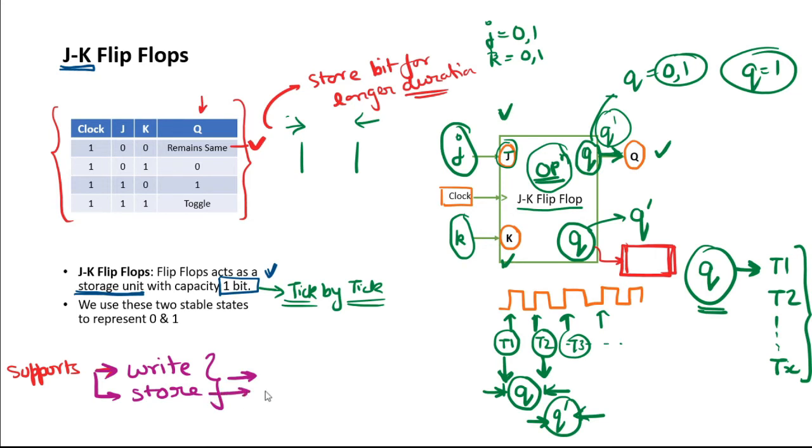It should be able to store something, and we should be able to write it. Whenever we want to write something onto this particular unit, we must be able to write it. So these are the two criteria that should be followed by any memory unit. This is being followed, so it is a green flag, like we can use JK flip-flops as a binary cell.